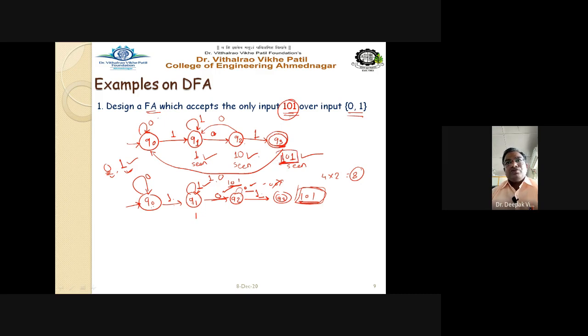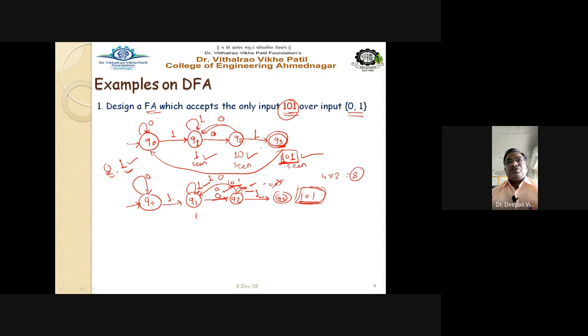So that's what we have to do here. Instead of marking a self loop, 0 must be transferred here. By transferring 0 here, it will not disturb your sequence. So it will become 1, 0, 1 again. Now come to Q3, on both inputs 1 and 0.